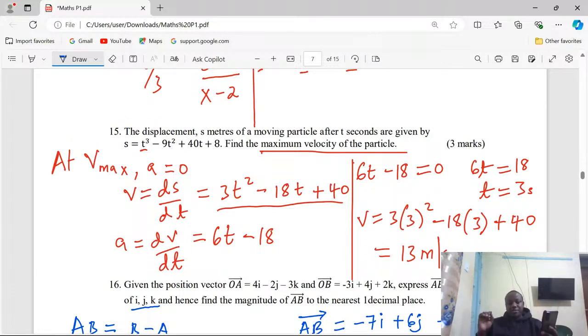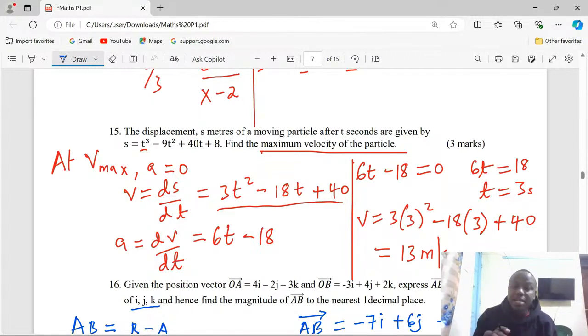Then now we are saying, because we are finding the maximum velocity of the particle, maximum velocity of a particle is always attained when the acceleration is 0. If it is attained when acceleration is 0, then we will let the acceleration function be 0 so that we may know that particular time when acceleration became 0, and at the same time velocity became maximum.